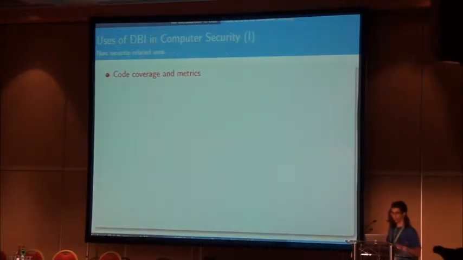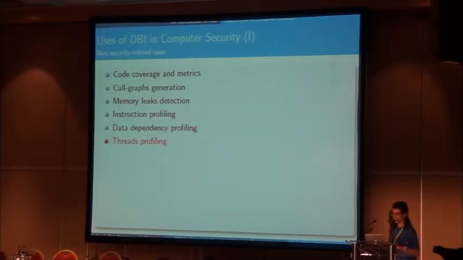So let me comment on some first non-security uses of DBI, mainly code coverage and metrics, call graph generation, memory leak detection, instruction profiling, data dependency, thread profiling, race condition detection.